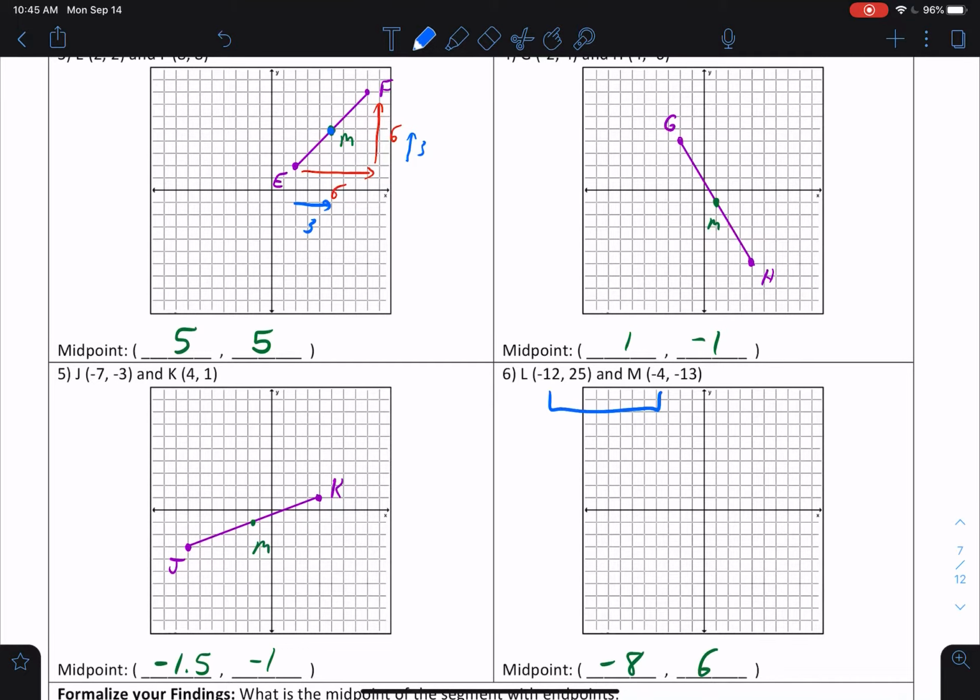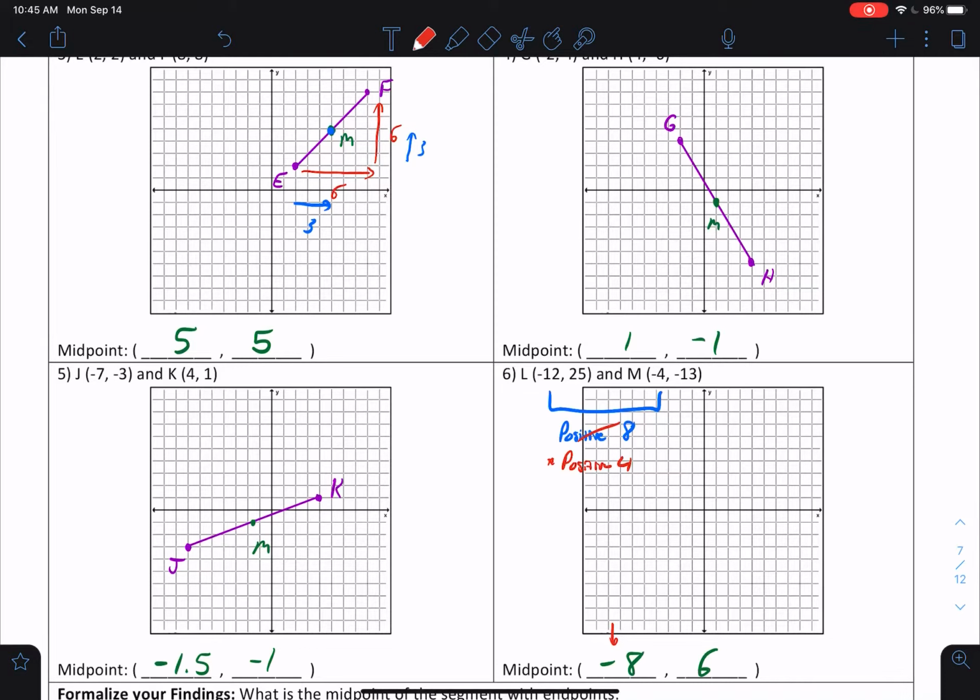I'm moving positive 8. Okay, so I'm moving positive 8. So instead of moving positive 8 to go from endpoint to endpoint, to go to the midpoint, I'm going to move positive 4. So starting at -12, if I add 4 to it, I'm going to end up at -8. Okay?